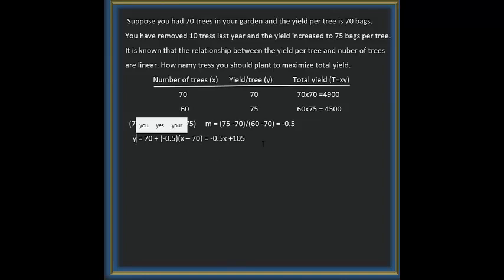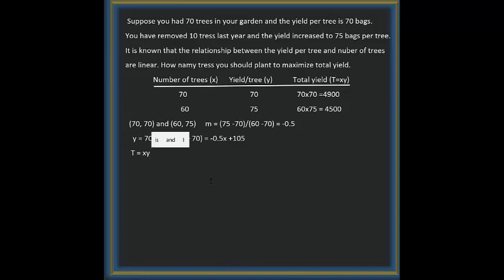All right. So what do we do next? We are now finding the total yield. So T is a function which is x times y, as you see here, because number of trees times yield per tree. When you multiply, that gives you total.